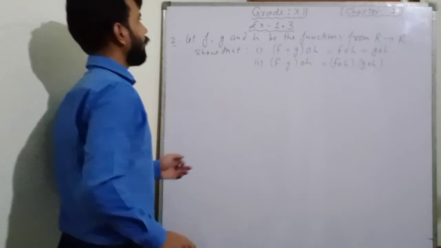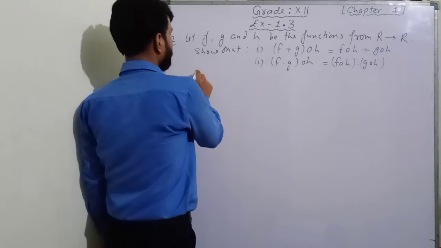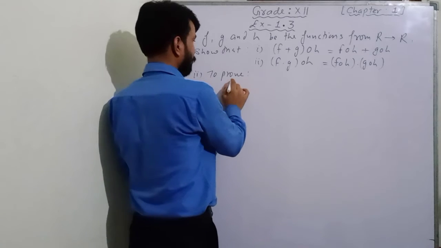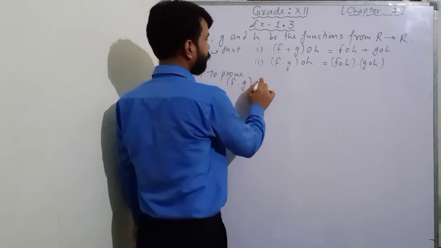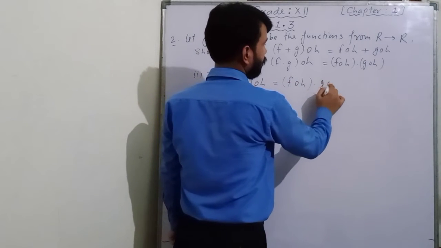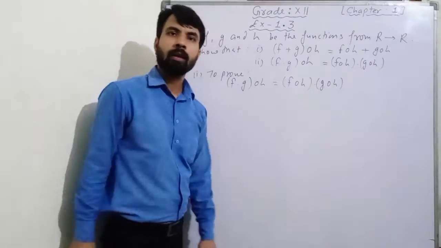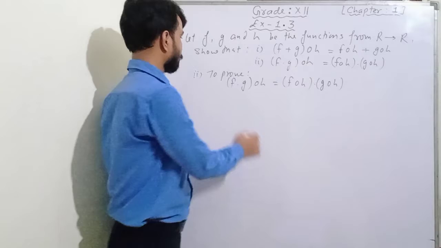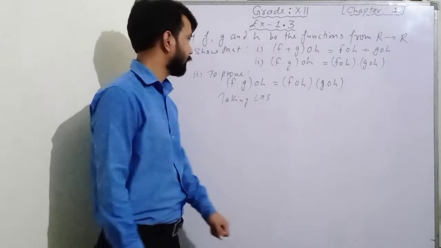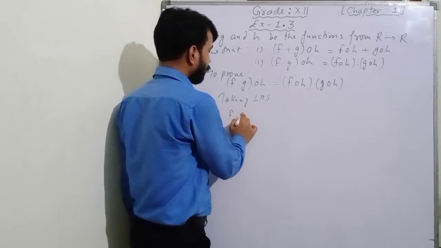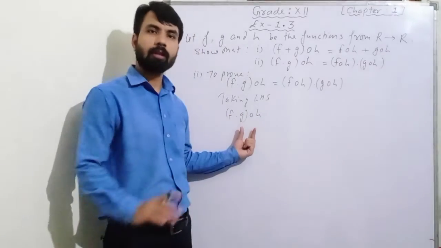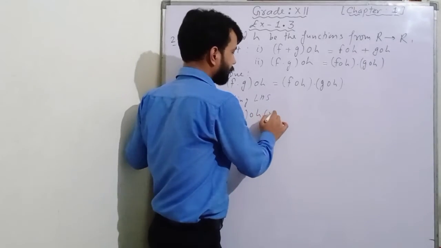Okay students, now we will have to prove the second part. So second part is here, to prove (f dot g) o h equals to (f o h) into (g o h). Again we will have to take the left hand side. Taking left hand side, so beta (f dot g) o h, but we will consider this function for some real value, so I am considering here x.